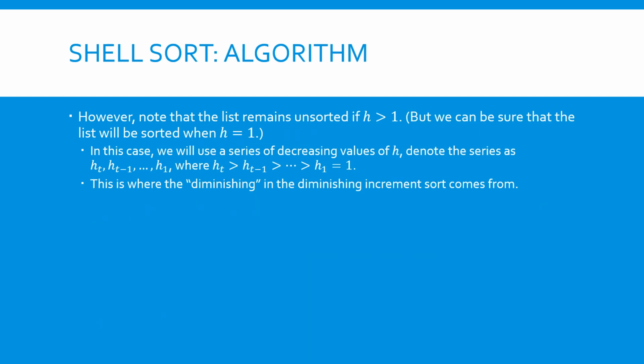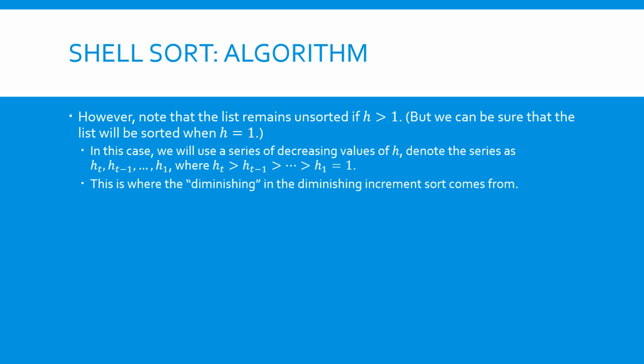Now, realize that after the h_sort phase, the list remains unsorted, unless h equals 1. But if we directly sort with h equal to 1, we will not have a partially sorted better case input. To address the dilemma, we will use a series of diminishing increment values.